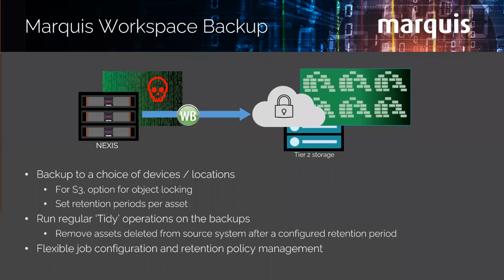So we can remove assets that were deleted from the source system after a configured retention period, or after the retention period configured for the object locking has expired. And then we'll make sure there are flexible job configurations and policy management for those retentions. So you're not stuck with a single setting for your entire system. You can break it up into different job configurations and different tidy configurations depending on what you need.